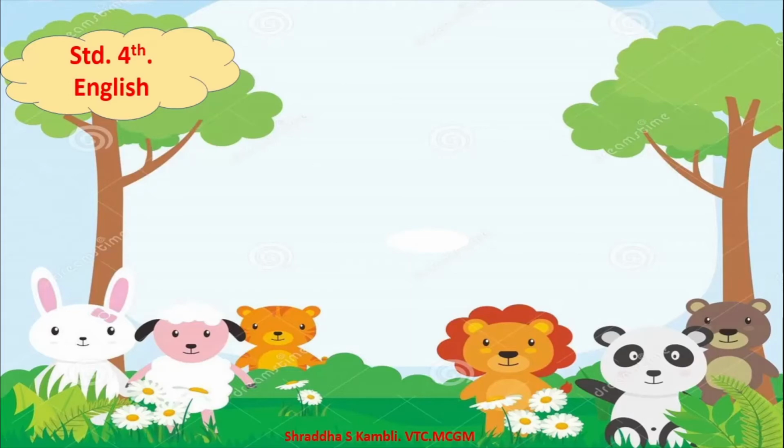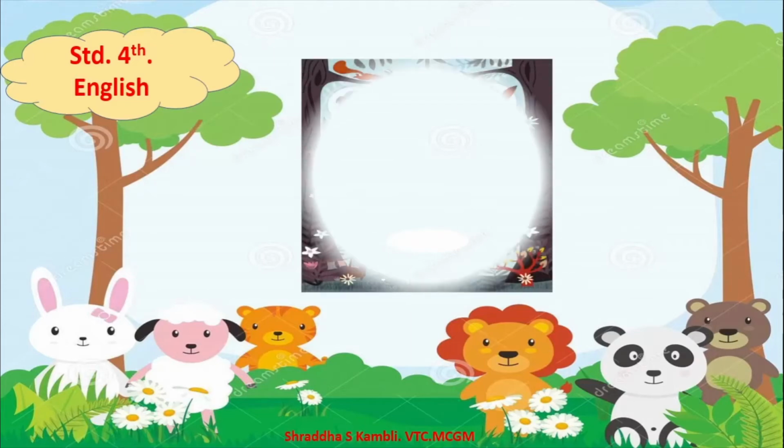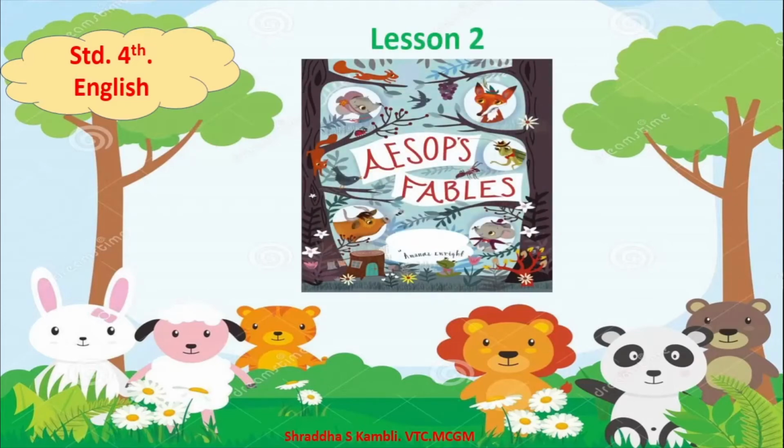Alright, so that should give you an idea that the lesson that we are going to learn today is going to be about animals. So we are going to see two beautiful stories about animals, and it is lesson number 2 from your English textbooks, and the name of the lesson is Aesop's Fables.